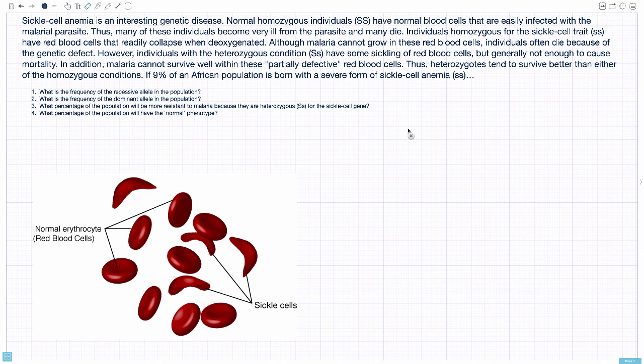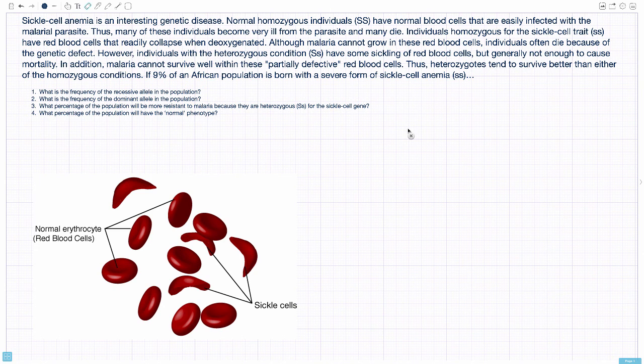However, because of this condition, malaria cannot survive well within these partially defective red blood cells. And this is why you see sickle cell disease maintained in populations such as sub-Saharan African populations, where malaria is an important selective factor, where malaria is endemic.